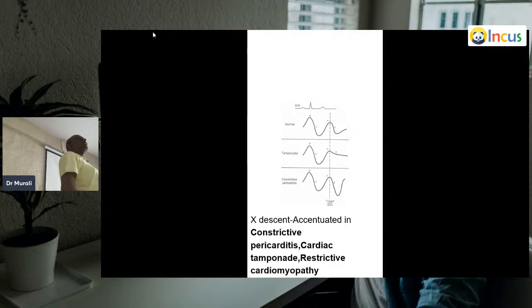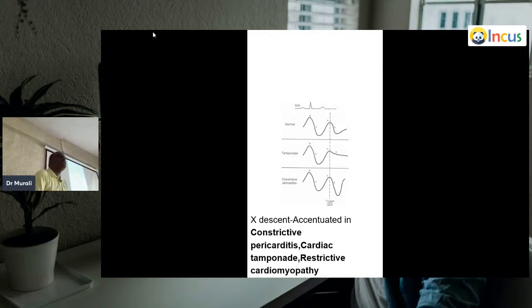And the V wave also occurs during ventricular systole, and that is because of atria got filled from the great veins, and the atrium became pregnant. That is the reason there is a rise of pressure, and that is the reason you have V wave. V wave is what you need to remember.